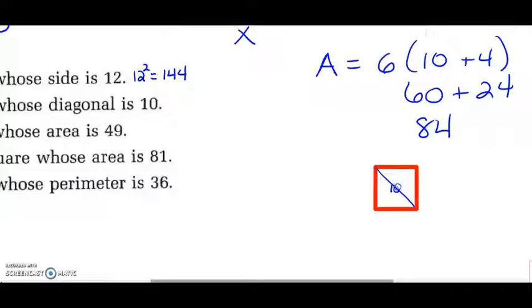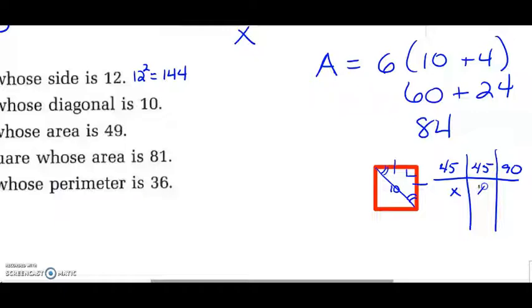So the diagonal is 10, and that's a right angle. Remember, if the sides are congruent, then the angles across from those sides are congruent. So here we have a 45, 45, 90 triangle whose sides are x, x, x root 2, and across from the right angle is x root 2.